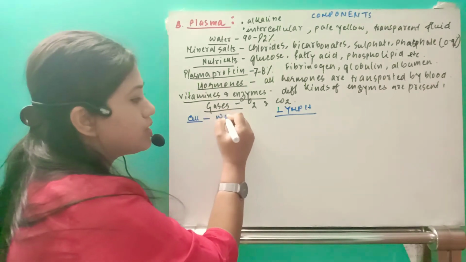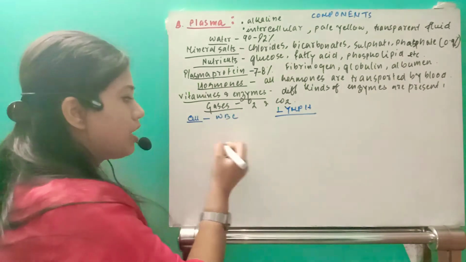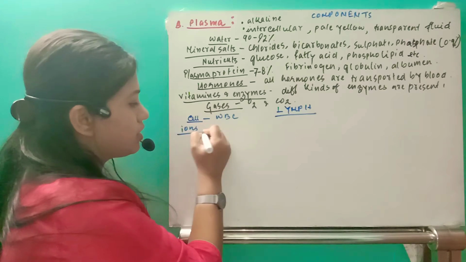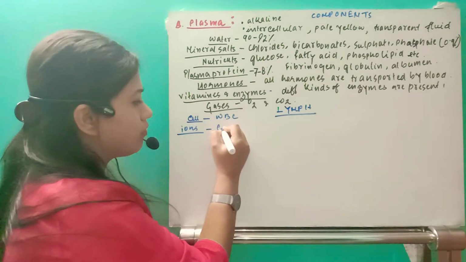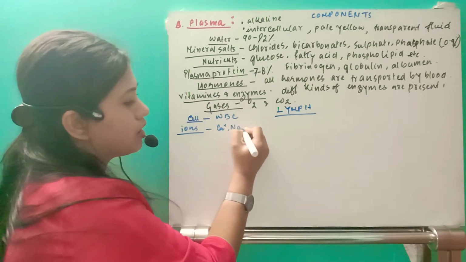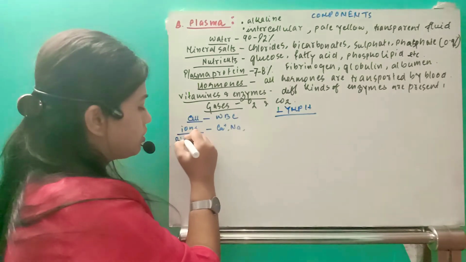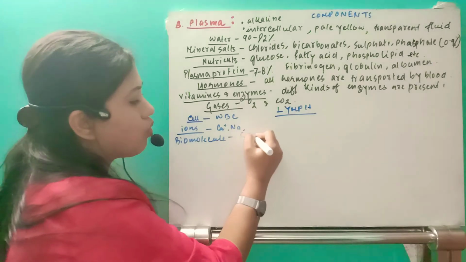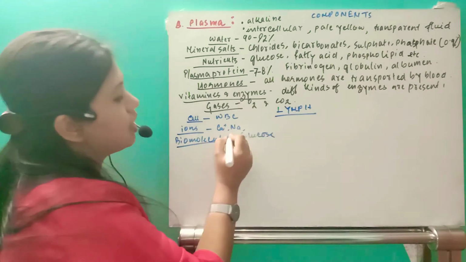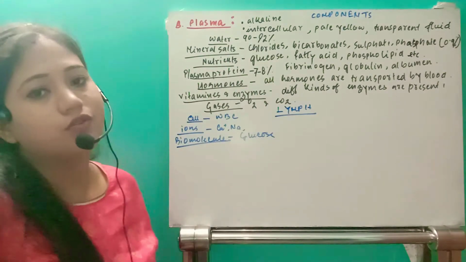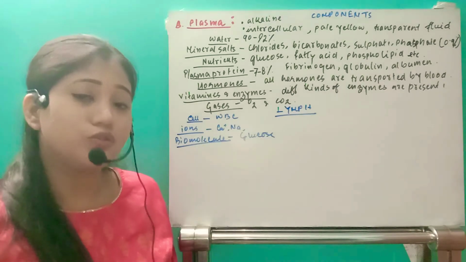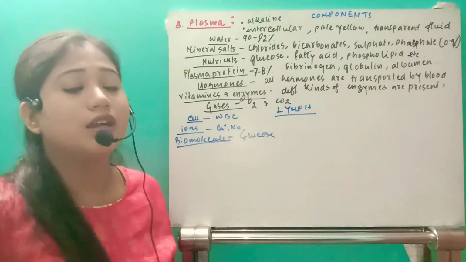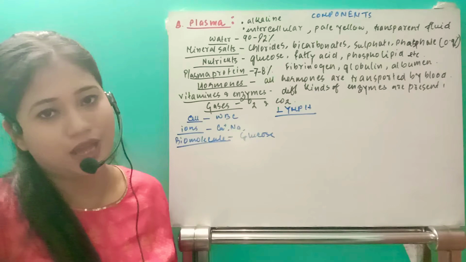Remember, WBCs will be chiefly present, and along with that, in terms of ions, it has high levels of calcium and sodium ions, and among the biomolecules, the highest amount of glucose is present. But for the rest, all the things like gases and nutrients are the same as in the plasma.